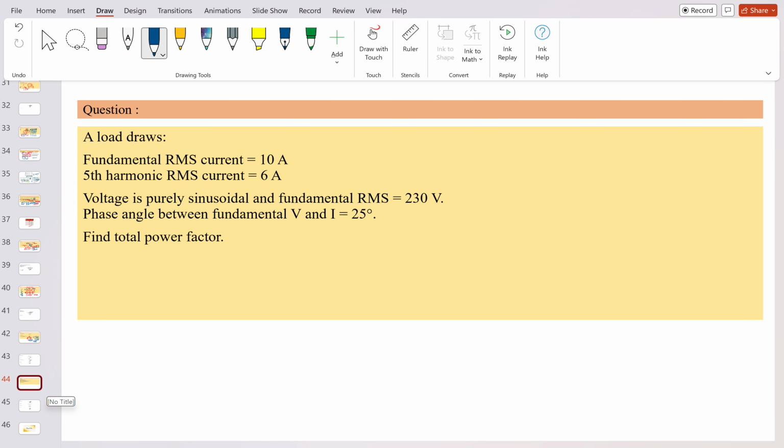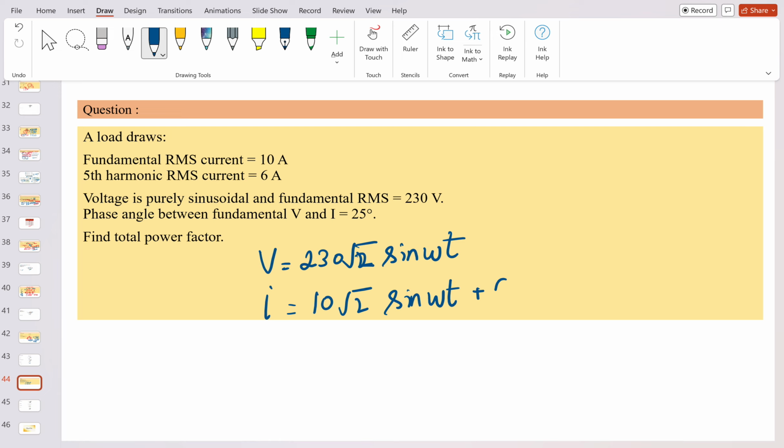So here the voltage is already given, 230 root 2 sine omega t, the fundamental, taking sine. The current is already given, the fundamental 10 root 2 sine omega t plus 6 root 2 sine 5 omega t.